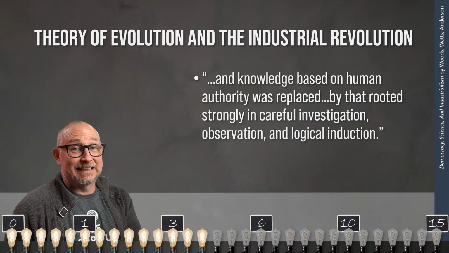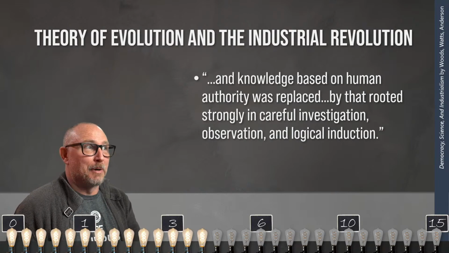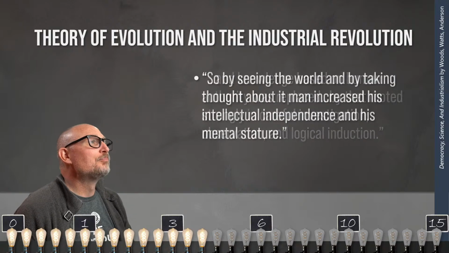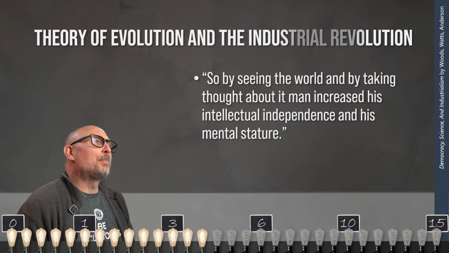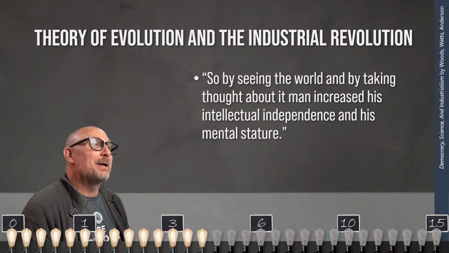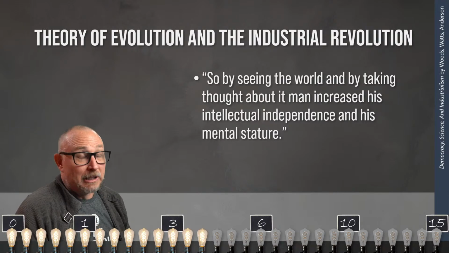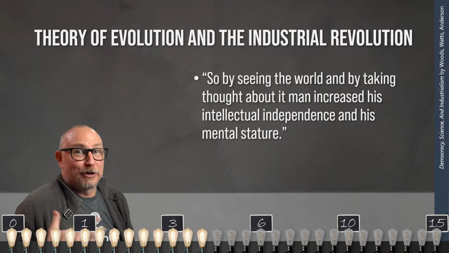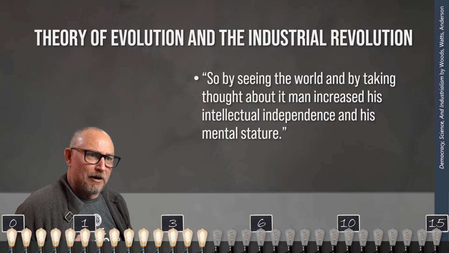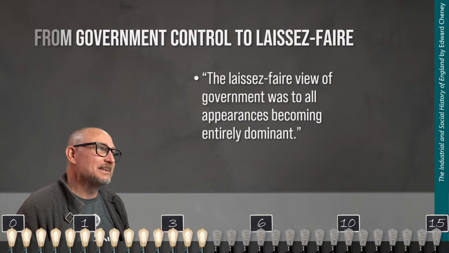We're going to start to see that replaced by the scientific method. Okay, good. So by seeing the world and by taking thought about it, man increased his intellectual independence and his mental stature. So in other words, he's going to now bring this thought, this power of thought to business.